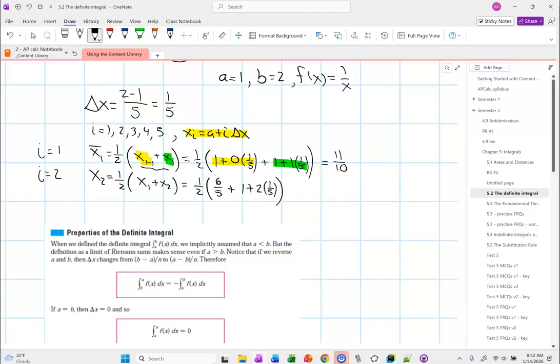Everybody's okay? So I have 6/5 plus 7/5 is 13/5 times a half is 13/10. And who sees the pattern that's happening here? Just going up by 2/10, right?